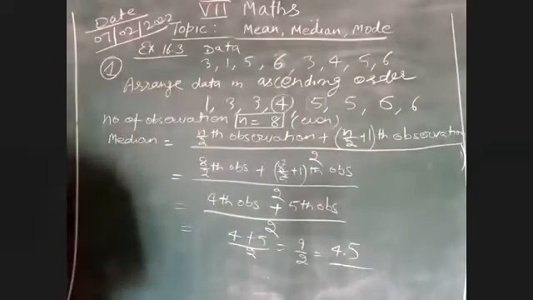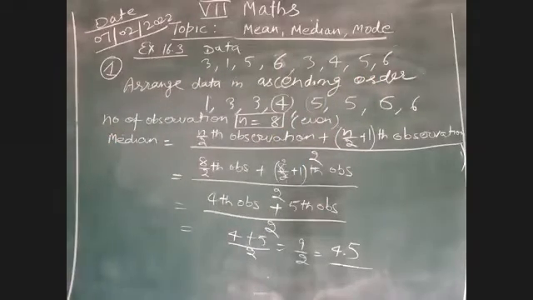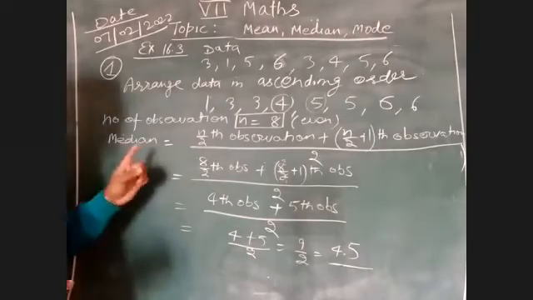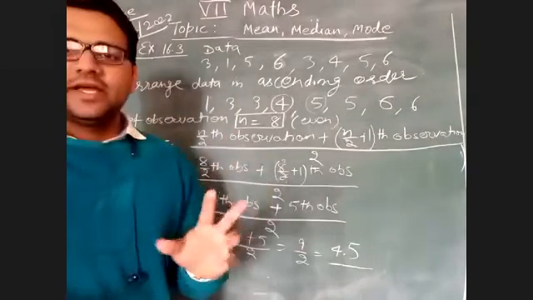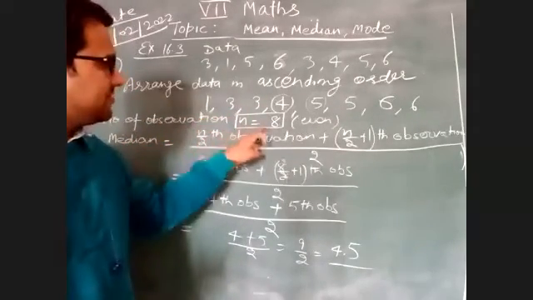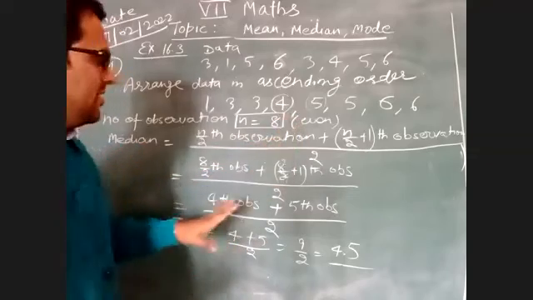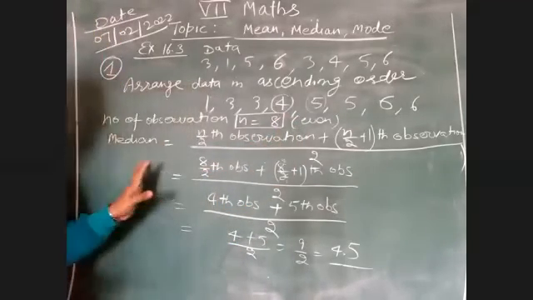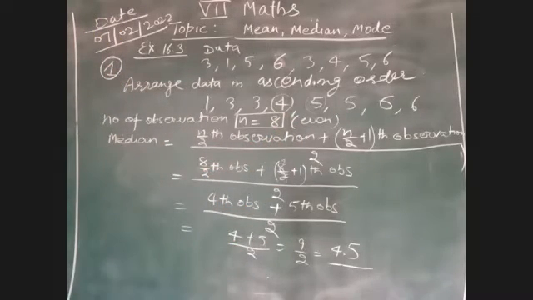So this first question has been completed, in which in the first part the number of observations was 7, and in the second part the number of observations was 8, that is even.